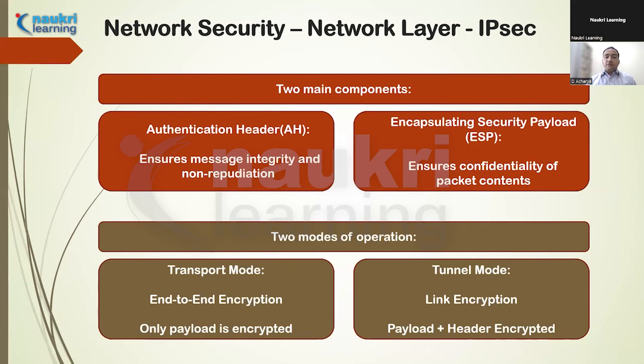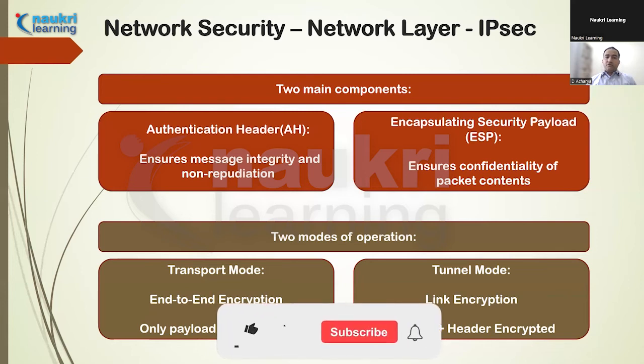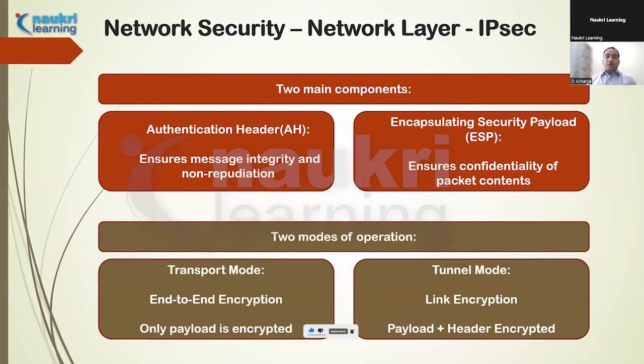And ESP, which is encapsulating security payload, ensures the confidentiality of the packet contents. Basically, the contents of the message are encrypted by this component. Moving on to the second half of this slide, we have the modes of operation of IPSec. IPSec has two modes of operation. First is transport mode, which ensures end-to-end encryption.